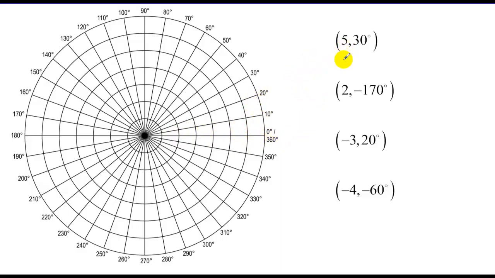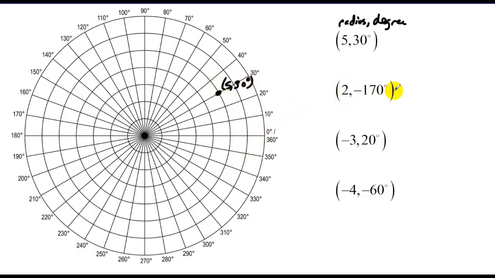And our points are named by a radius followed by a degree measure. And you'll notice in this case that this is the point 5 and 30 degrees. So if I were to go out a radius of 5 units, 1, 2, 3, 4, 5, and rotate 30 degrees on that, that puts me at this point, which is 5 and 30 degrees.